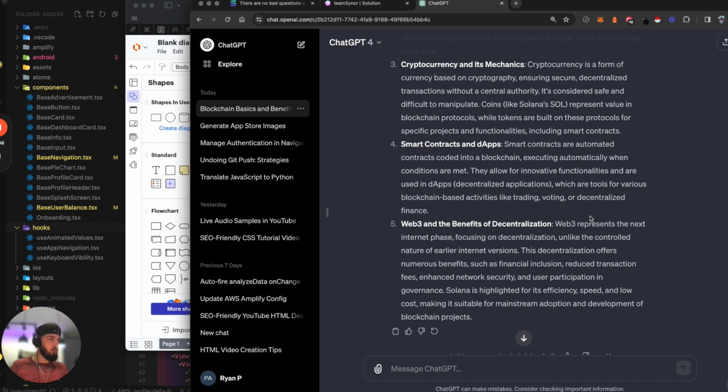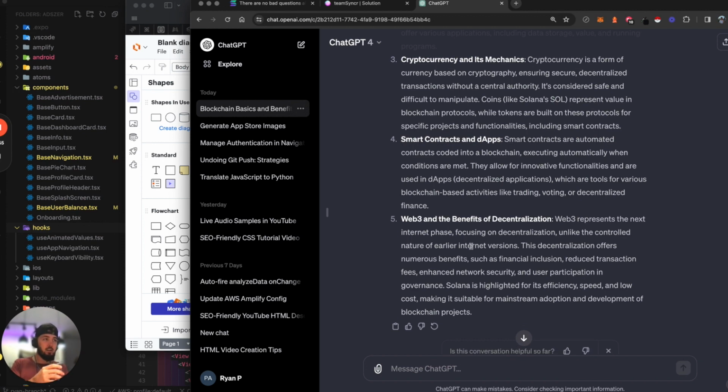Let's slide into point 5. Web3 represents the next internet phase, focusing on decentralization. Unlike the controlled nature of the earlier internet versions, this decentralization offers numerous benefits such as financial inclusion, reduced transaction fees, enhanced network security, and user participation in governance.